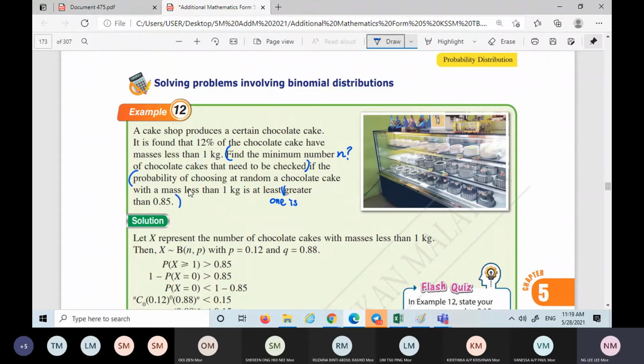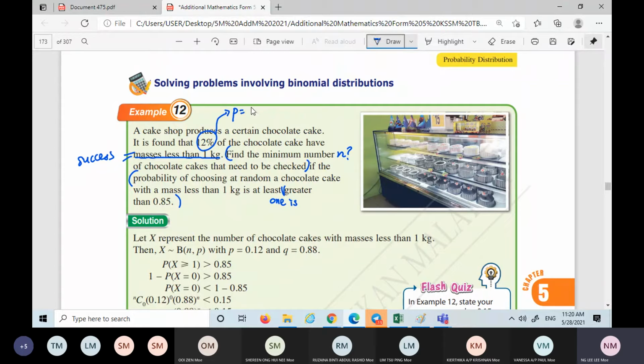Okay, we analyze bit by bit. You see, here they want to relate with the mass less than 1 kg. It means the mass less than 1 kg is success. Therefore, this is the probability of success, the p.